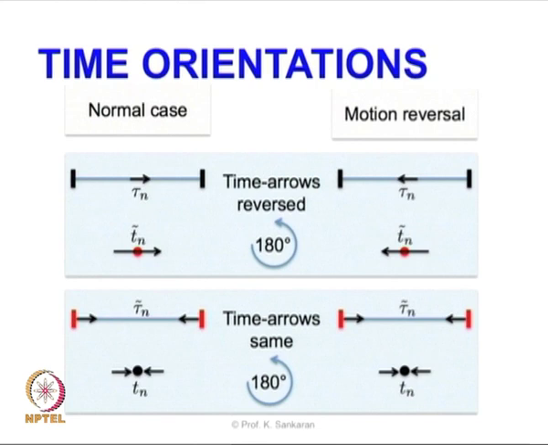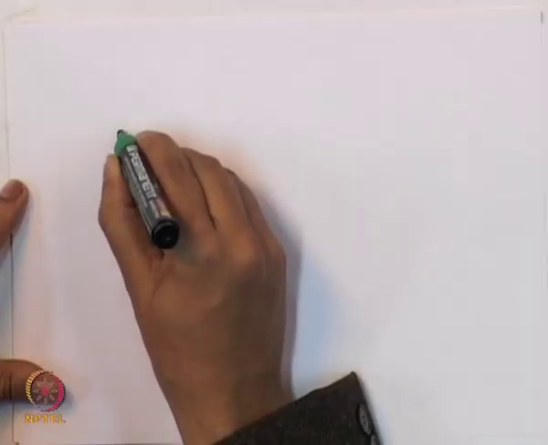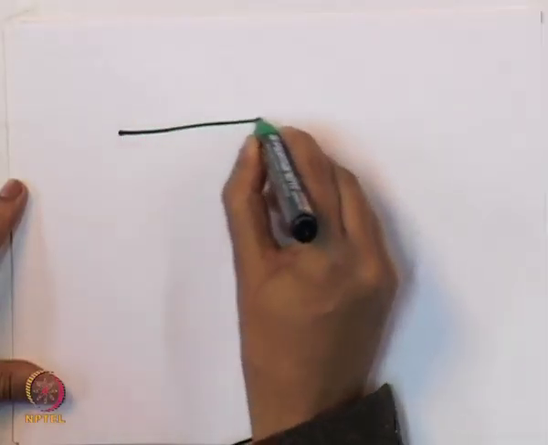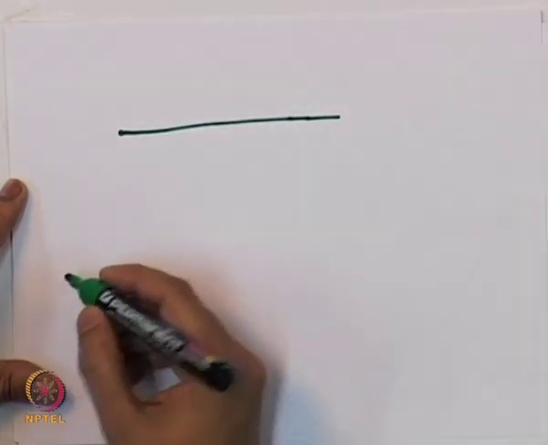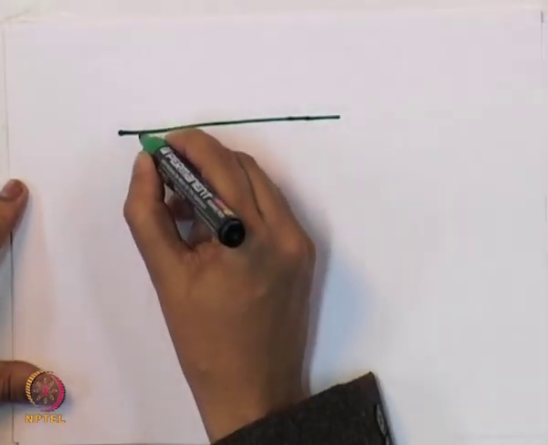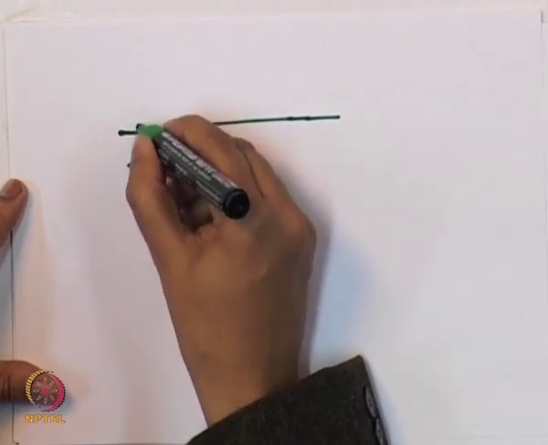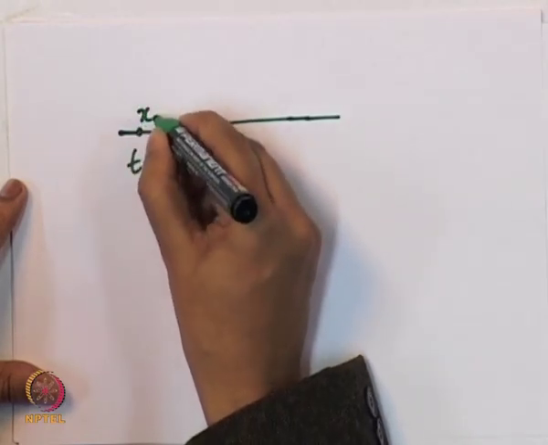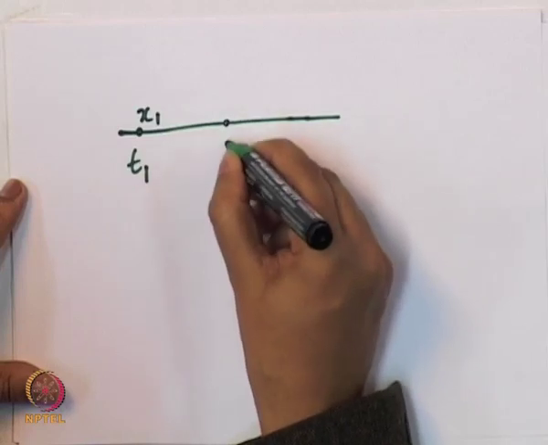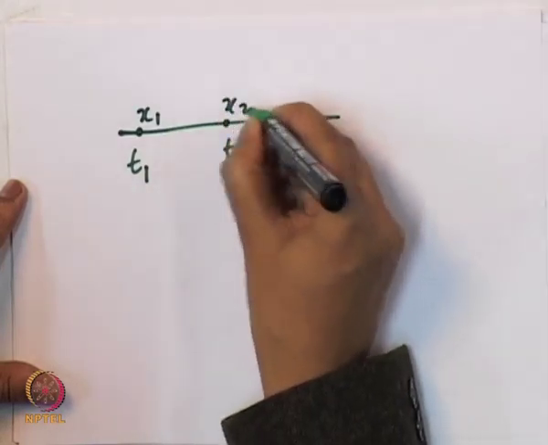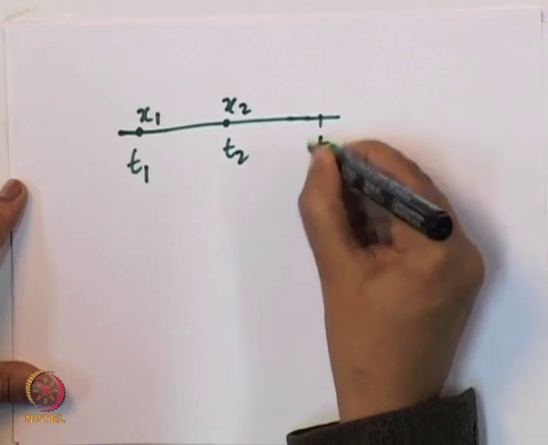So let us take an example. Let us assume that we are talking about a body that is moving from left to right, and let us say at time instant t1 it is at point x1, at time t2 it is at x2, at time t3 it is at x3.